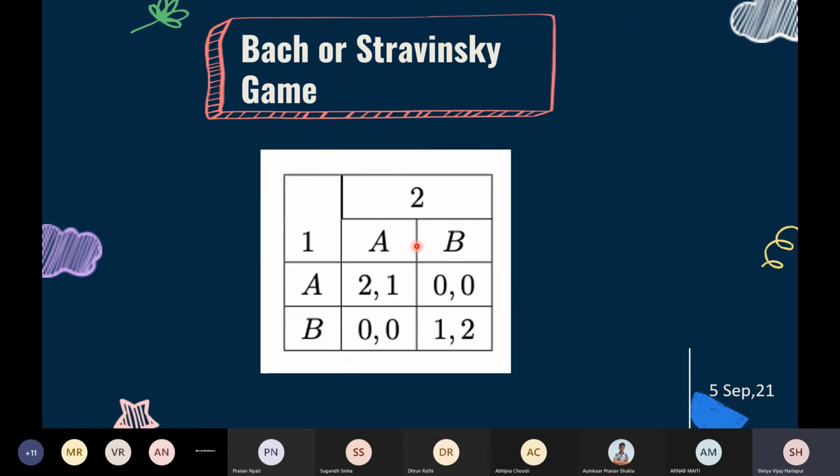Which means that if player 2 knows that player 1 is extremely adamant and stubborn and will only choose activity A, then player 2 knows that they can maximize their utility by choosing activity A even though it's not their favorite activity, because the alternative is zero utility. So here you're trying to maximize utility, you're trying to get the best utility. It may not necessarily be your most favored strategy, but what matters here is to maximize the utility. Does that make sense?